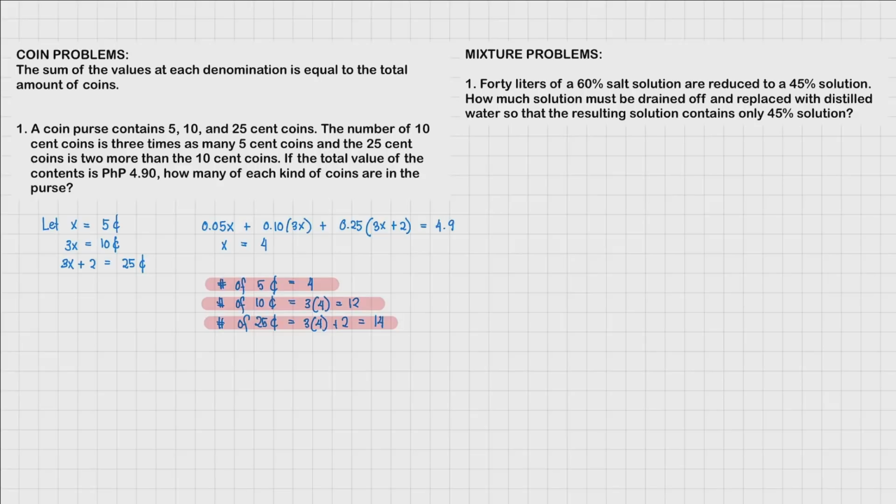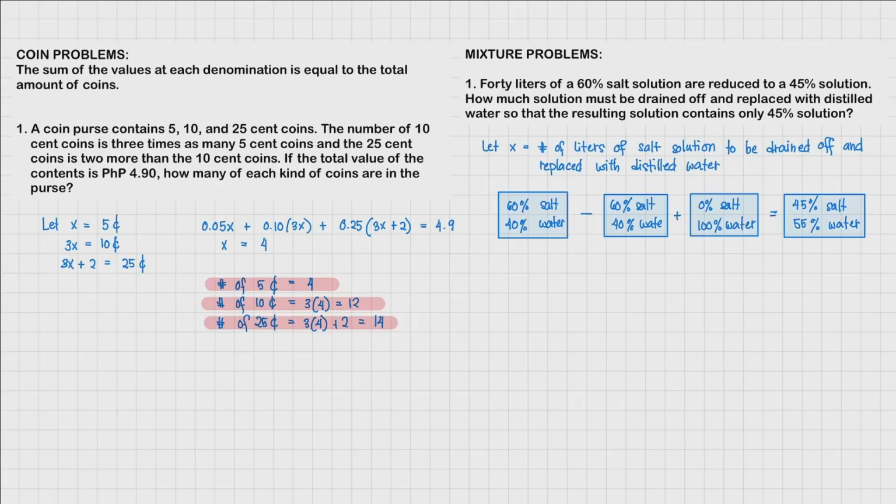How much solution must be drained off and replaced with distilled water so that the resulting solution contains only 45% salt? For the solution, we're going to let x be the number of liters of salt solution to be drained off and replaced with distilled water. The content of the mixture is given in the following diagram.